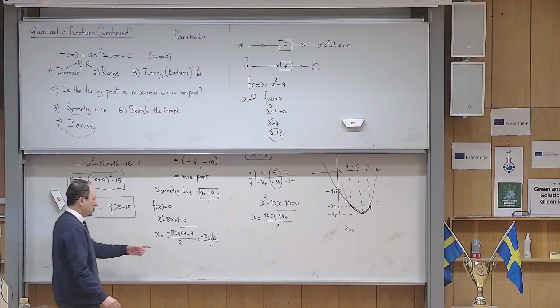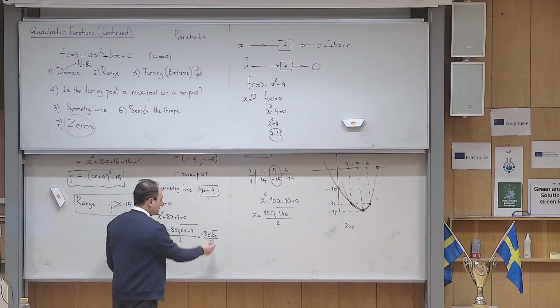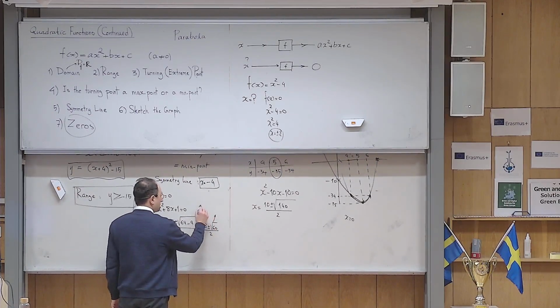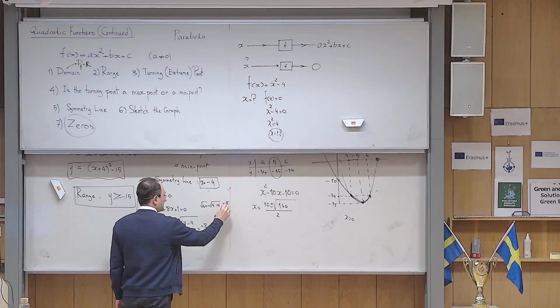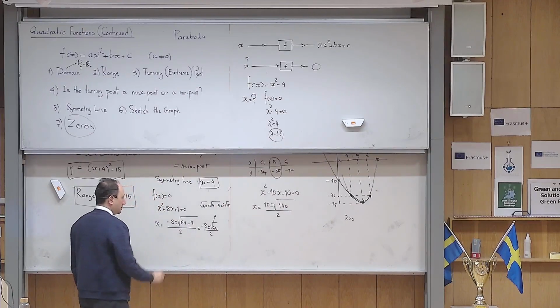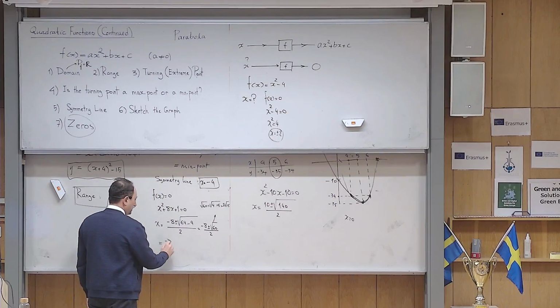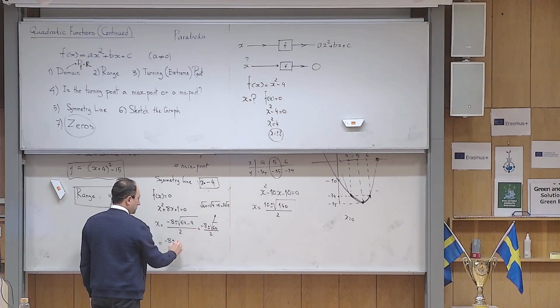I want to teach you how to simplify this. Sometimes you can simplify this more, because the square root of 60, you can write as the square root of 4 times 15. The square root of 4 is 2. Okay? If you insist, of course, I want you to learn this. Instead of this, I can write 2 square root of 15, and then I have 2.